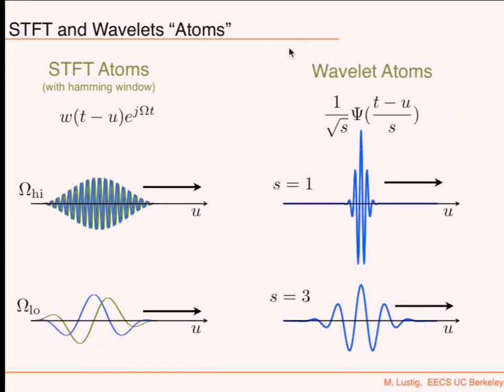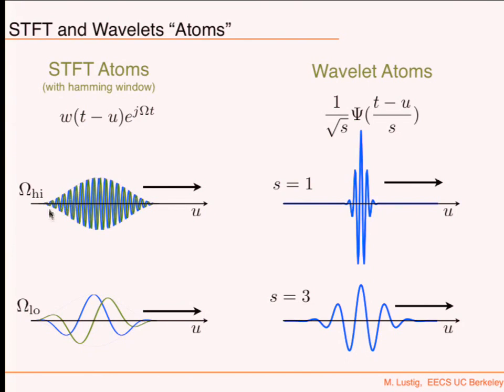So what is a short time Fourier transform atom? If we use the Hamming window multiplied by a Fourier kernel, for omega that corresponds to high frequency, a short time Fourier atom looks like this.